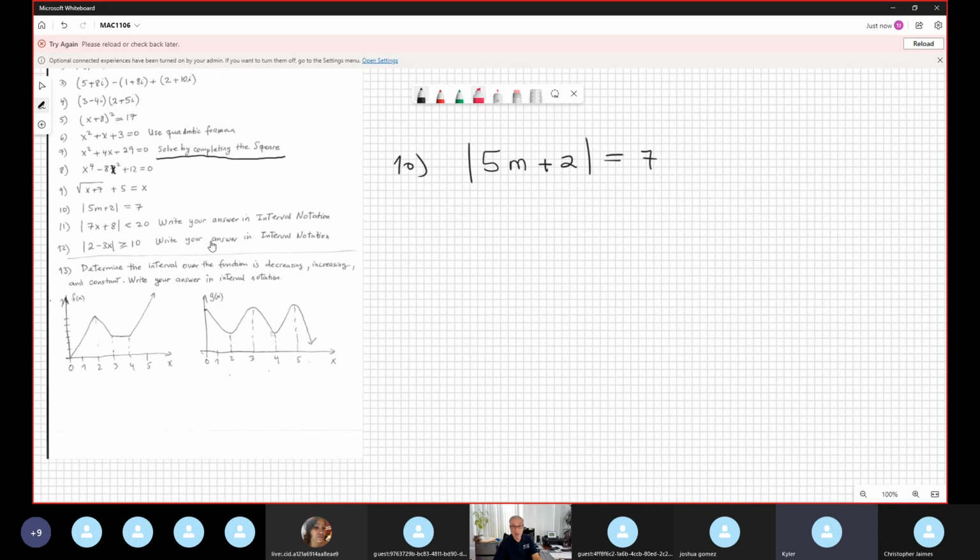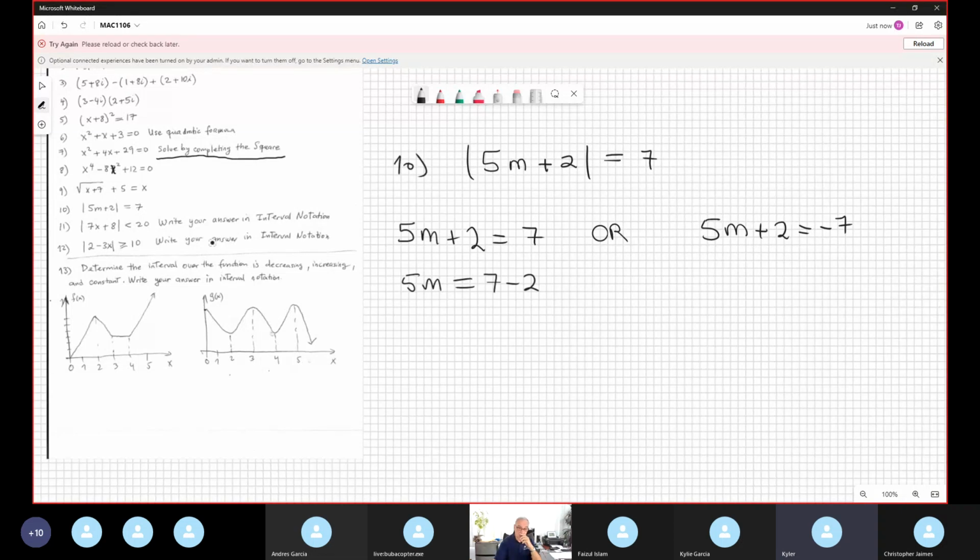Some people, I don't know why, remove the bars and solve this and believe that is the answer. No. If you do this, you have 0. You need to know that this is exactly equivalent to this and this. If you want to connect them by one word, it's or. And you solve them as 2 separate equations because you have 2 solutions.